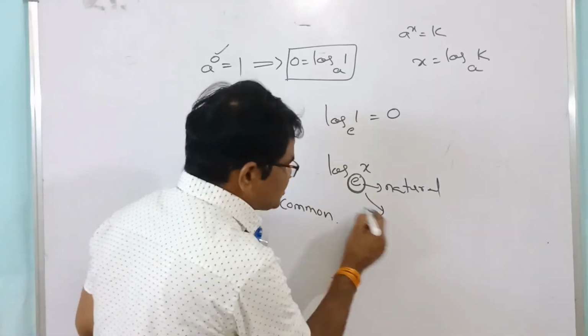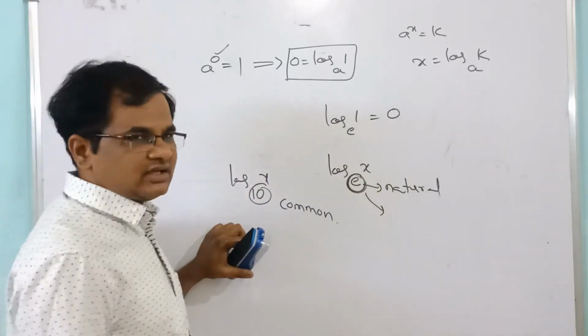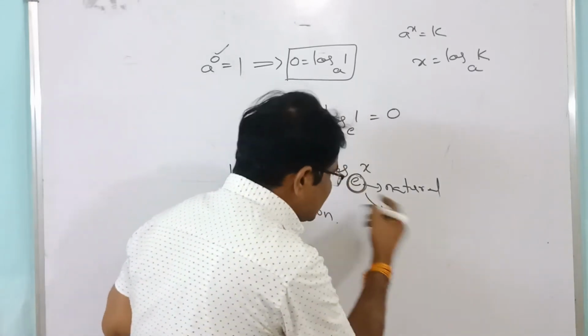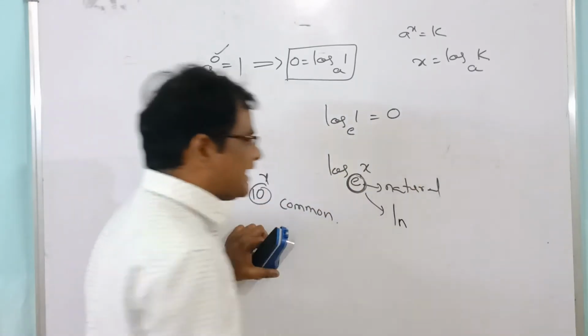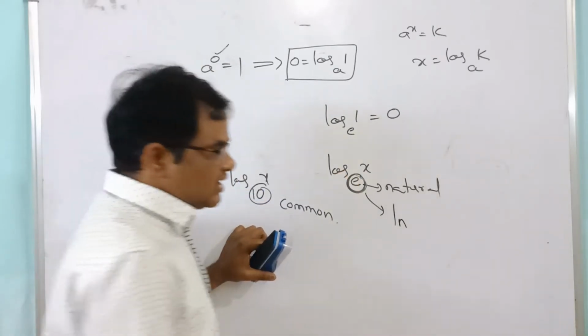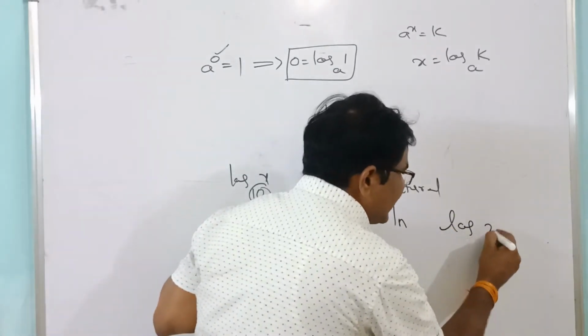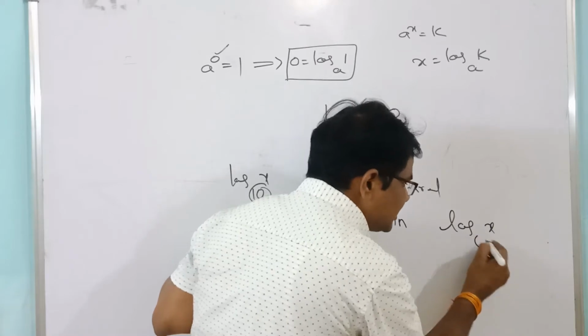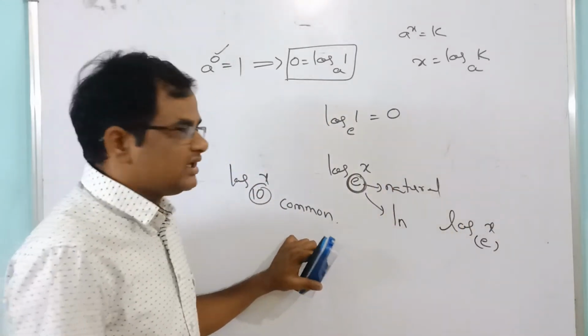In our mathematics we will follow natural logarithms only. Natural logarithm is also denoted by ln. Ln is there, means base e we have to consider. Suppose log of x is there, any base not there, means you have to consider e only, right?